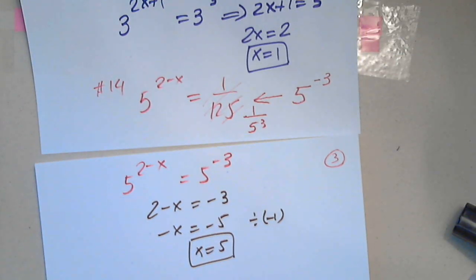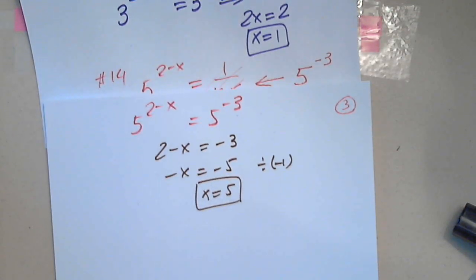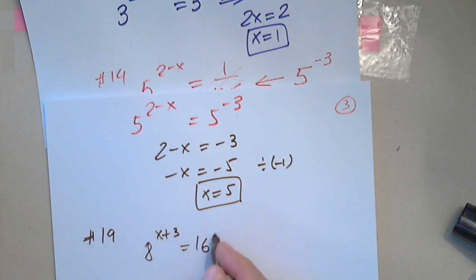Now let's move on to the next situation. Let's look at 22. 19. Let's do 19. We can do 22 as well if you want it. So 19. 8 to x plus 3 equals 16 to x minus 1.